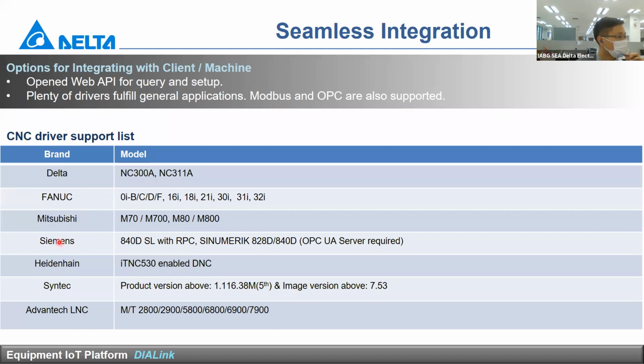Next one, I think the Siemens CNC controller is also a very popular one, and right now we support all these brands. Also for Mitsubishi, we support all these brands. But you have to know these machines do need the RJ45 port, because some old types of controllers don't support the RJ45 port.